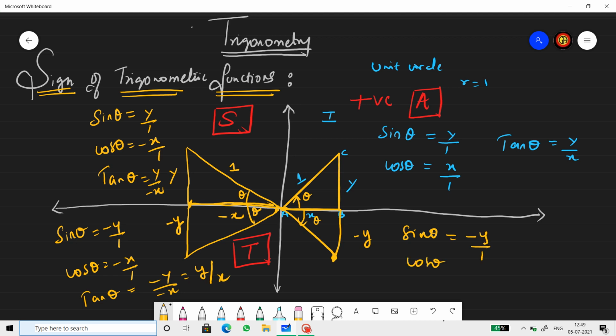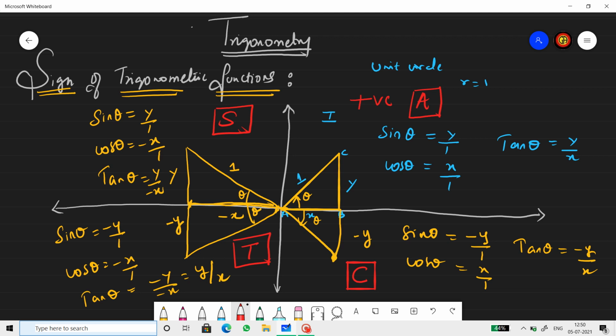Cos theta is x by 1. Tan theta is minus y by x. So that means cos is the only one positive here, which means sec is also positive. So in the fourth quadrant, only cos and sec are positive. So we represent this quadrant by letter C. We are not discussing the angles, we are discussing only the signs of the trigonometric functions.